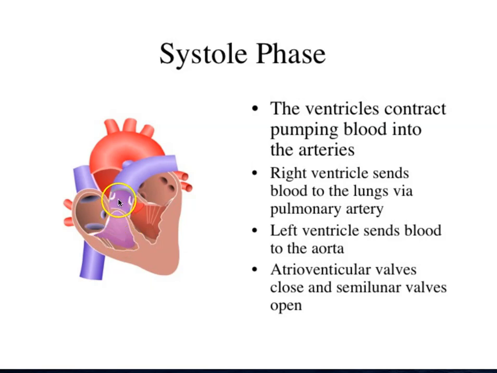And the force of that blood and the contraction of the ventricles is opening up those semilunar valves. So in systole, the AV valves are shut closed. The semilunar valves are pushed open. Got it?